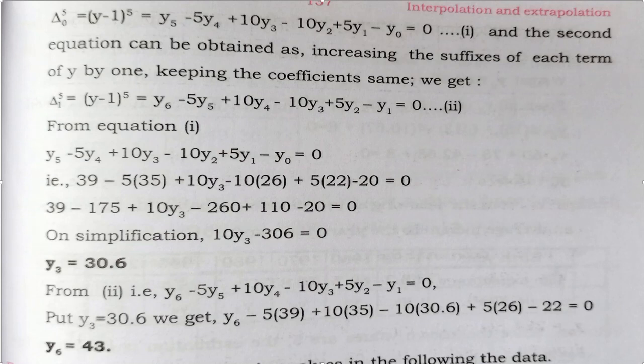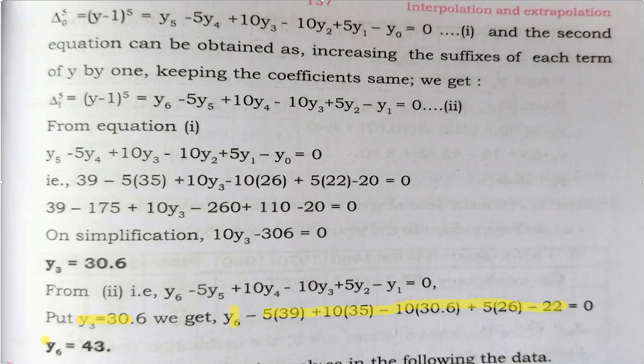So if I simplify: 5 into 39, 10 into 35, 10 into 30.6, this 30.6 is the y3 value, and 5 into 26 minus 22. By simplifying this equation, we will get y6.